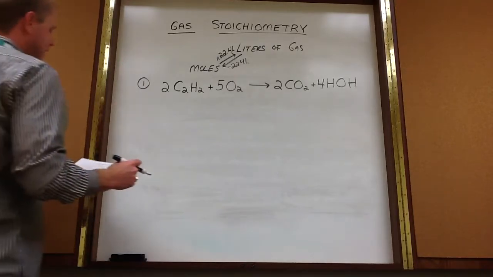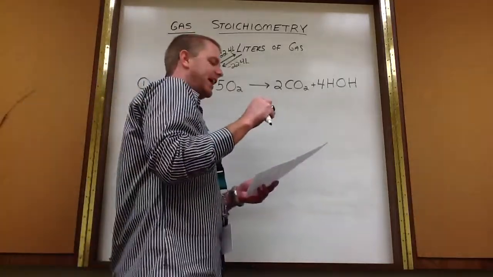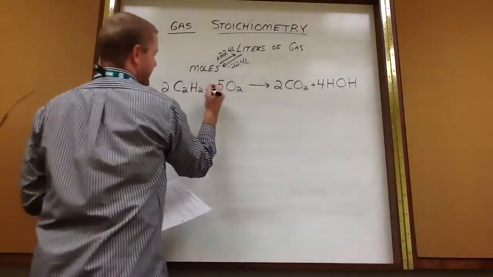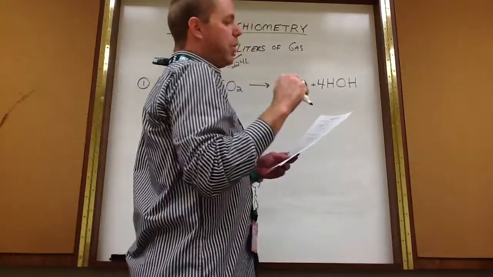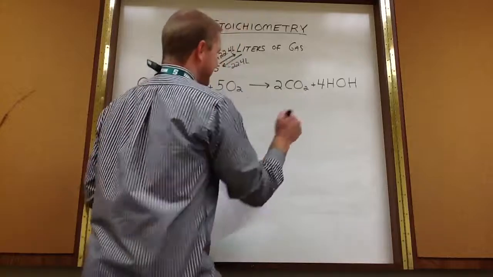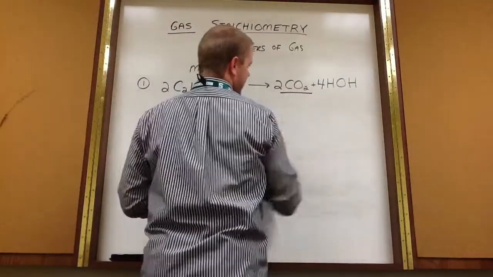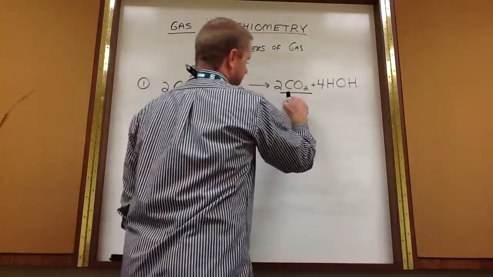Okay, so now continuing along. It says if you have a 10-liter tank of acetylene, so we have 10 liters of this gas, acetylene, at 25 degrees Celsius and 100 atm of pressure, how many liters of this? Oh, so we give you this, we ask you this.